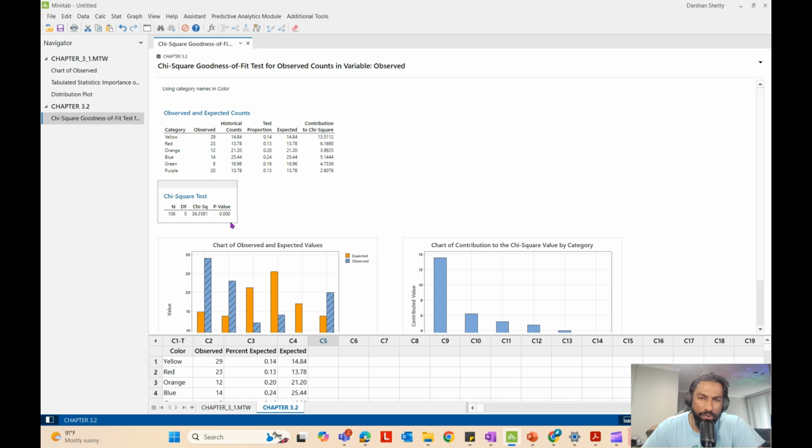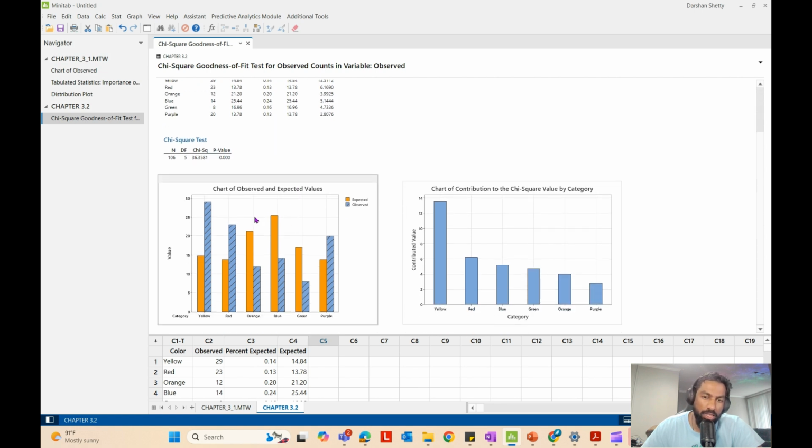Now since the p-value is 0, we will have to reject the null hypothesis, which said that the actual distribution does match the claimed percentages. We have to reject that. So it actually does not. And these graphs are pretty useful because it tells you which color candy is the problem child here.